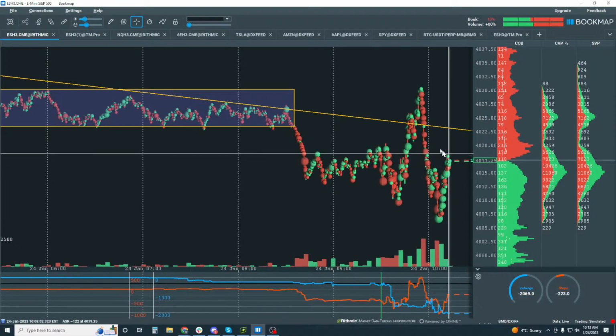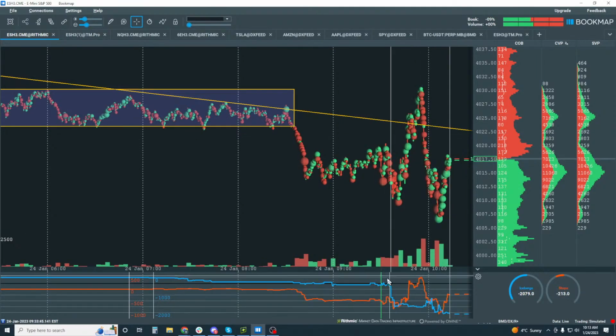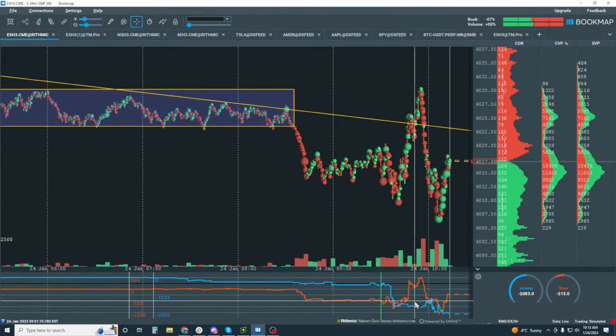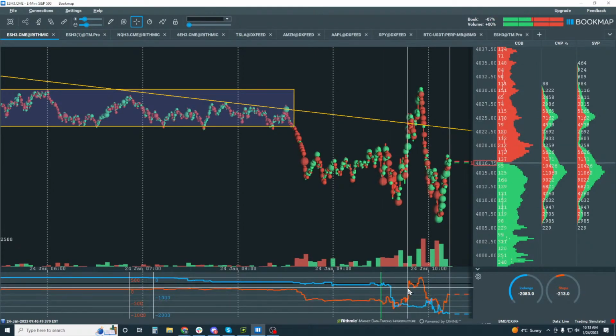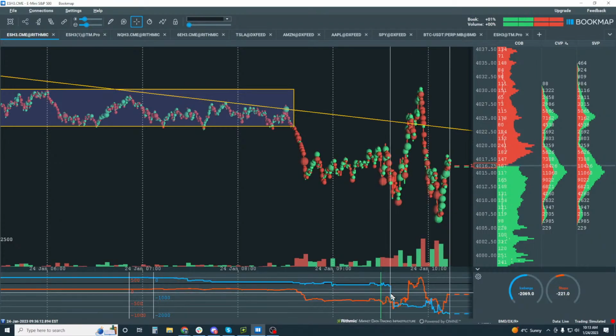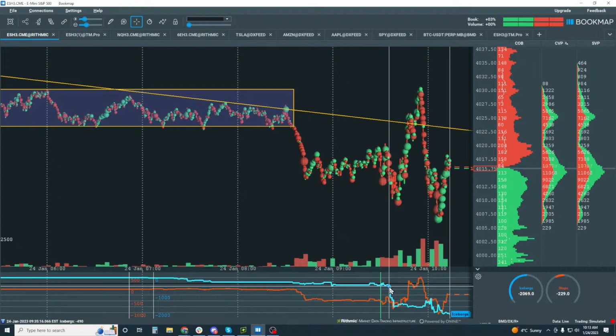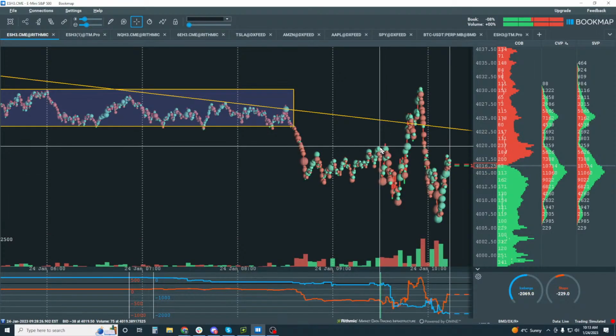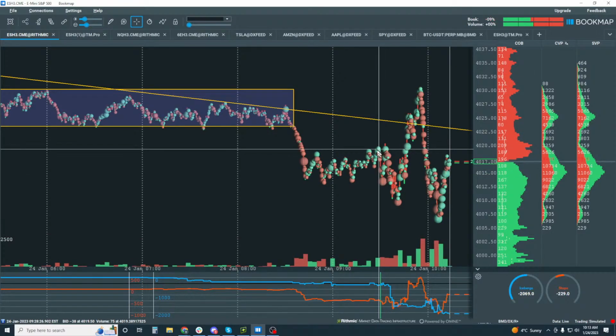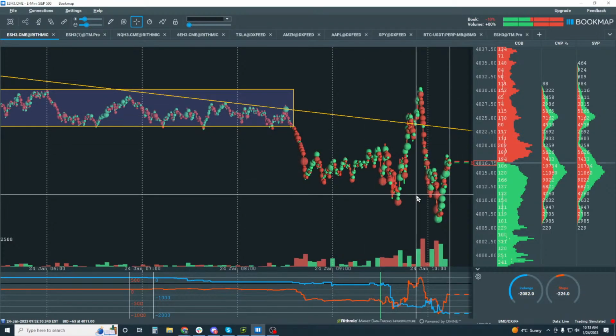You can see these two lines, this relationship between smaller players using stops to exit their position because they do not have deep pockets, and larger players who are hiding their liquidity from the order book using iceberg orders, because it will scare the market away from them getting filled. And we have that dynamic here, right?